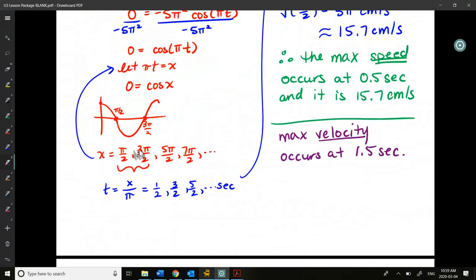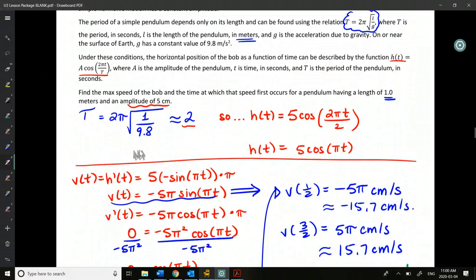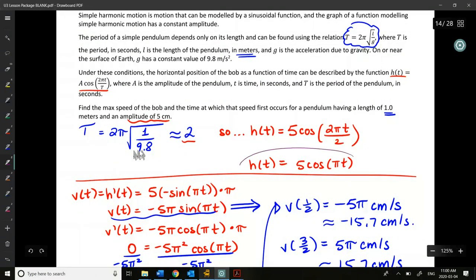Quick little advanced functions information here. With advanced functions, we actually could use this formula to determine maximum and minimum.